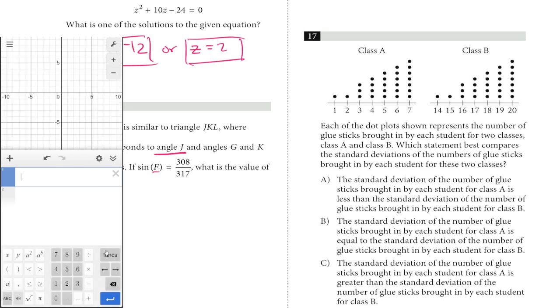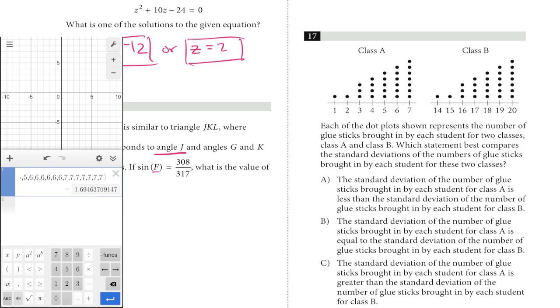So we can just type stdev and then put parentheses, and then we type the numbers, putting commas between them, however many times they show up. So I put 3 times, 4 times, 5 times, because this is Class A. 6 shows up 6 times, and then 7 shows up 7 times.